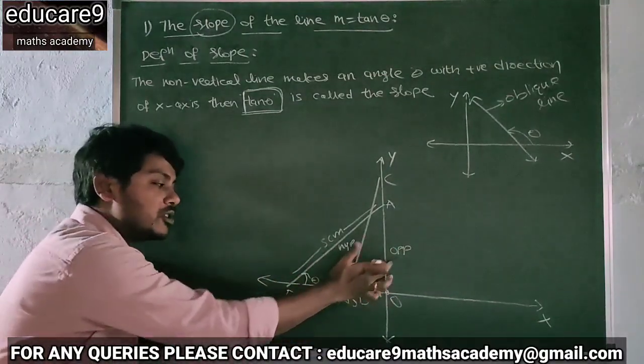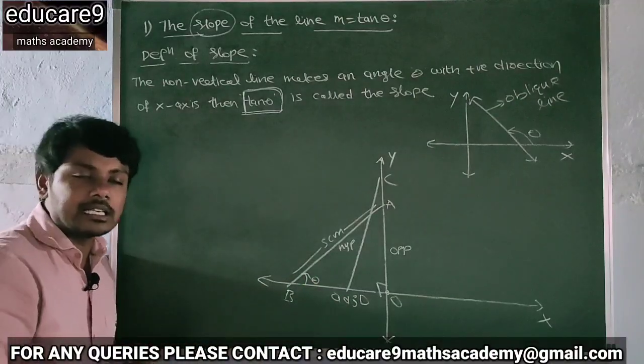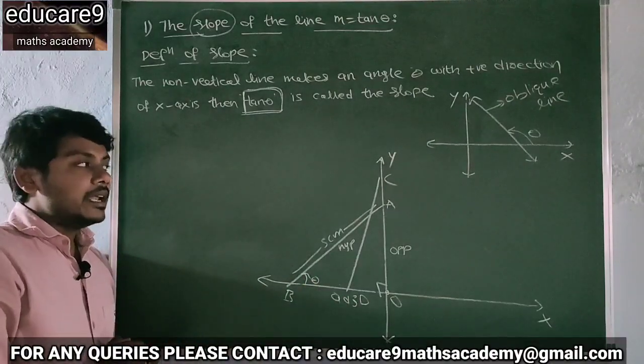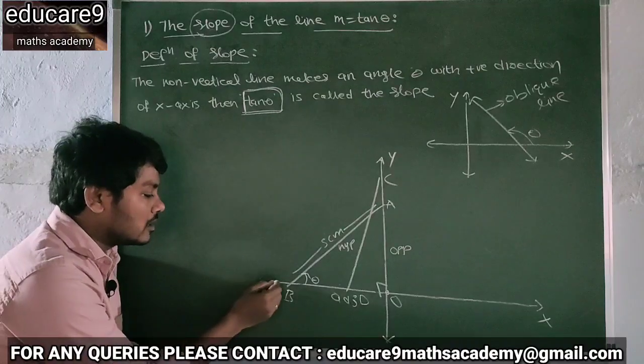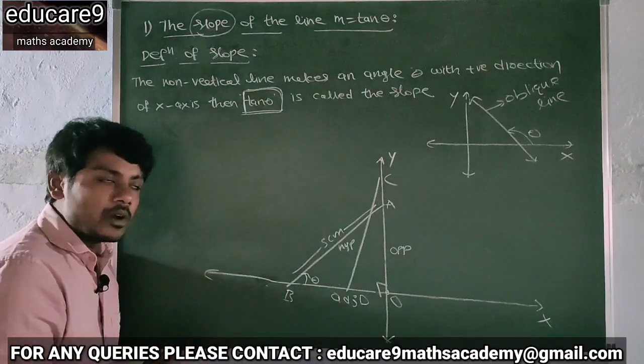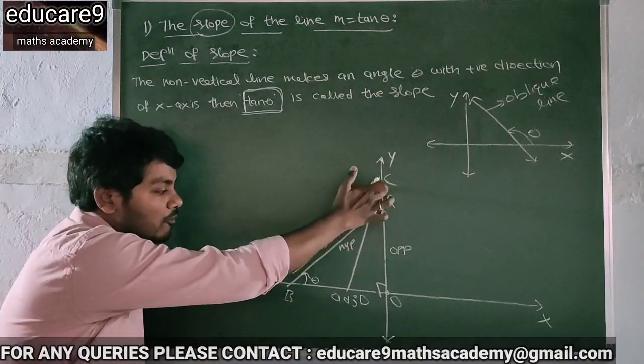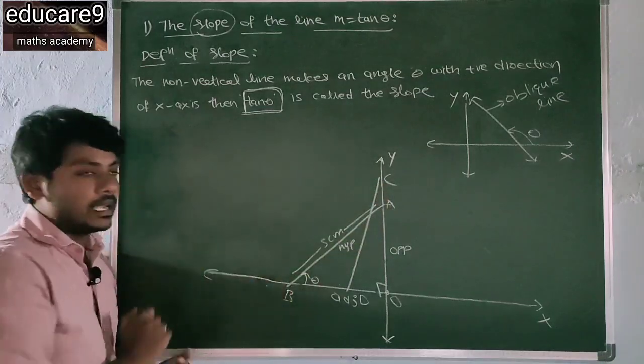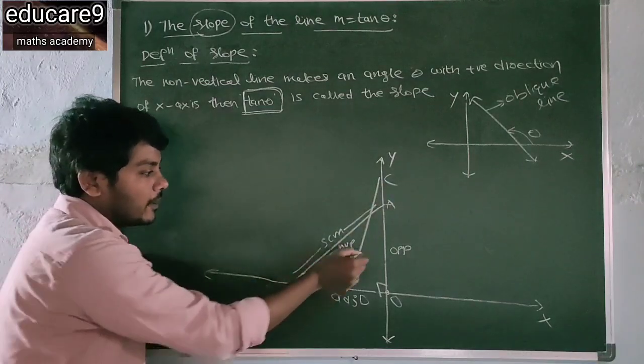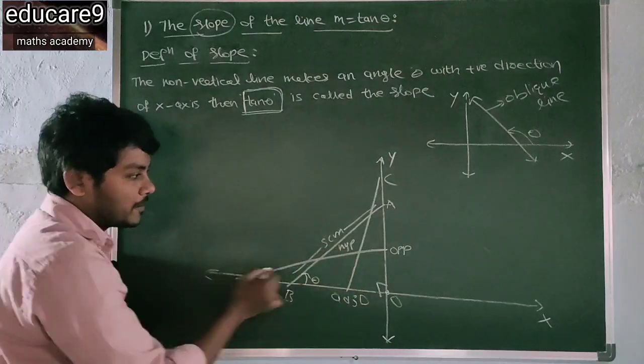So clearly opposite and adjacent sides are varying. And again, changing the position of the ladder from AB to some EF.